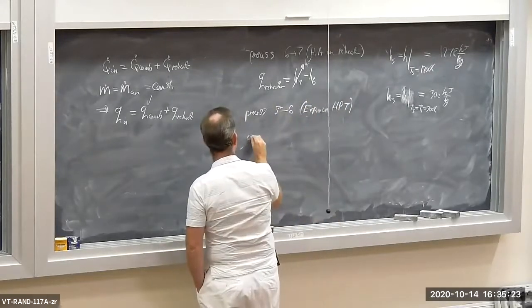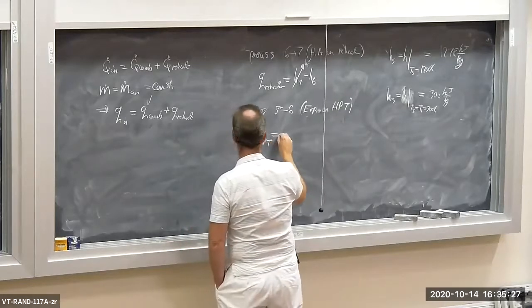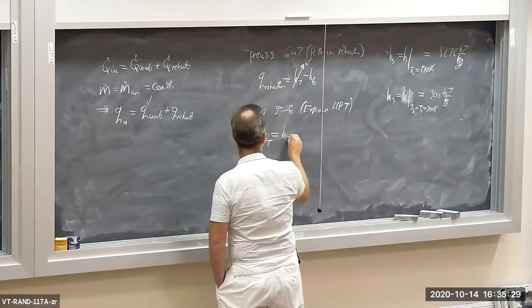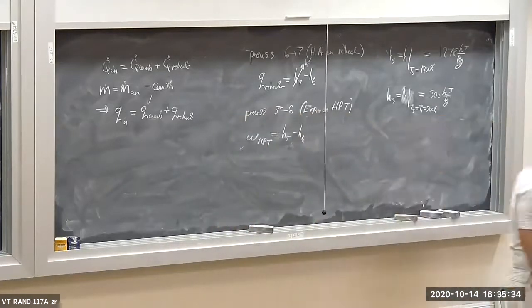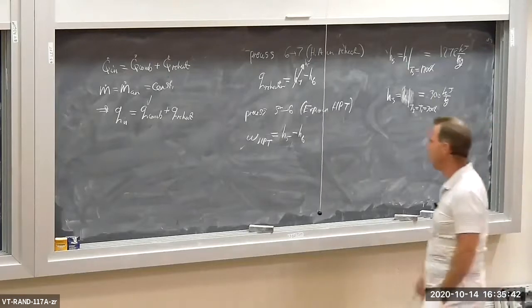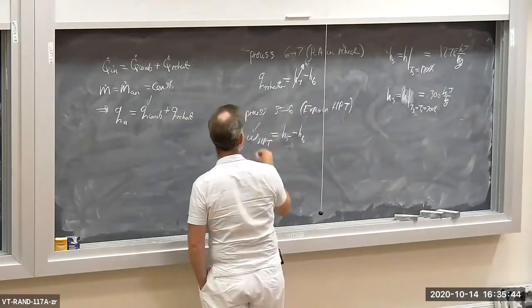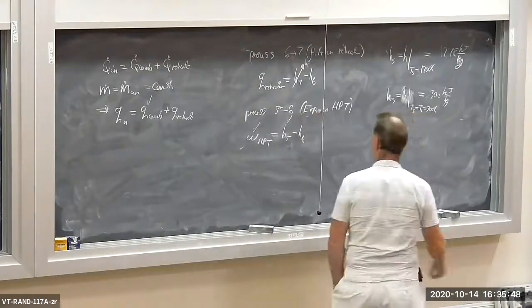I get WHPT is equal to H5 minus H6. Okay, so I need to get H6. Now I have WHPT, I've already calculated that. I also have H5, so I can immediately get H6.